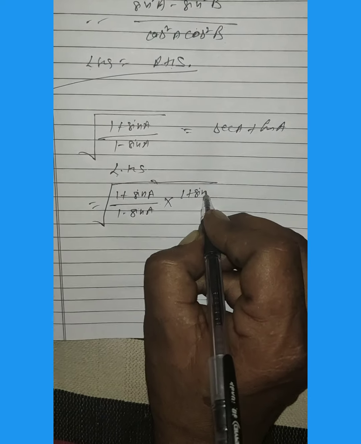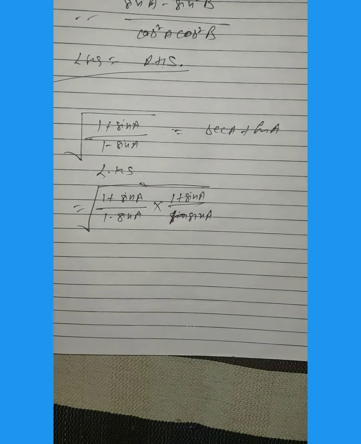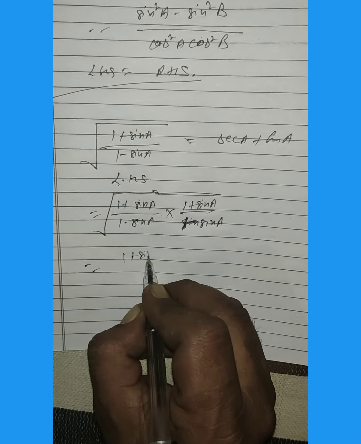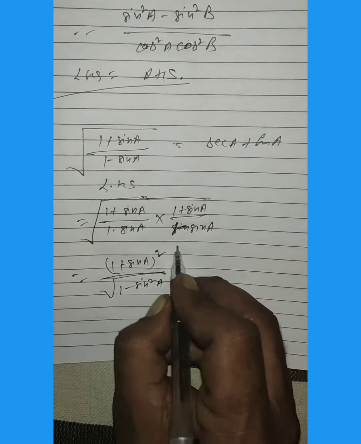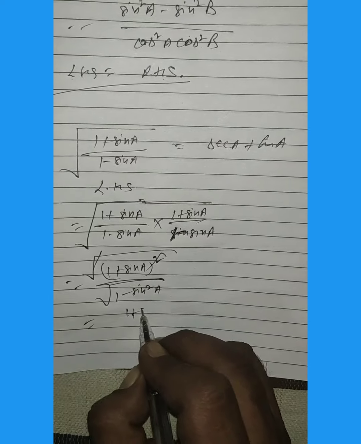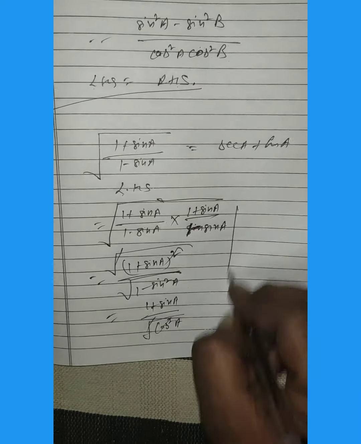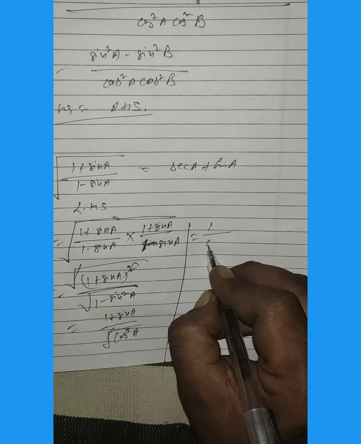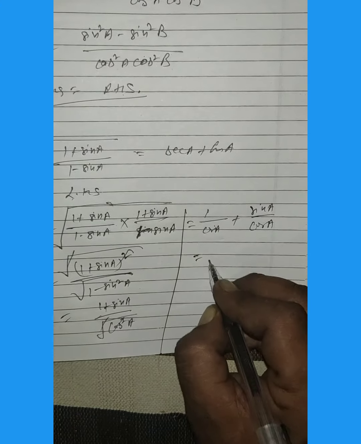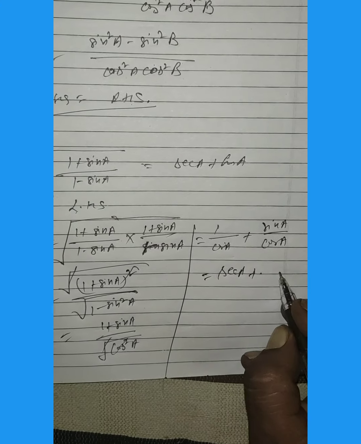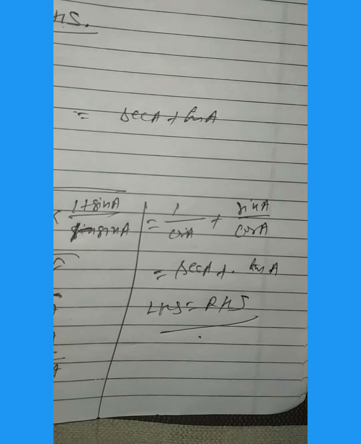It becomes (1 + sin A) whole square over 1 − sin²A, under root. The root is cancelled, 1 + sin A over cos A. Then here left only 1 over cos A plus sin A over cos A, that is secant A plus tan A, meaning left hand side is equal to right hand side.